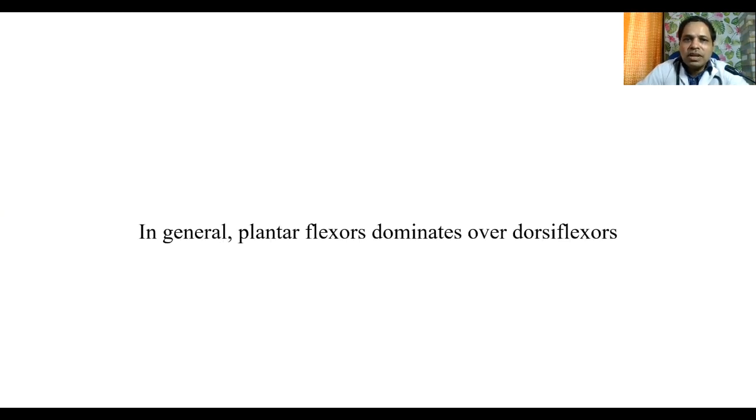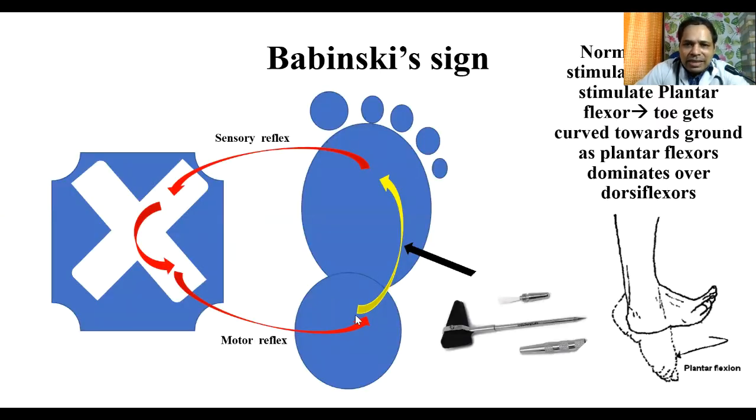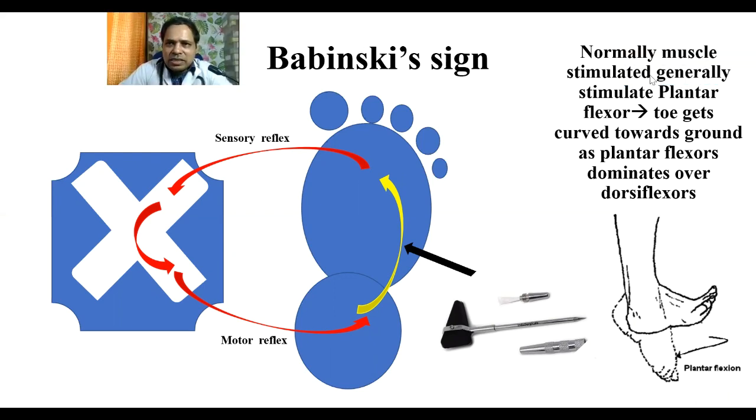Now the sensory reflex goes to the spinal cord and you get the motor reflex, so you are facing the floor. That is plantar flexion. We use the knee hammer, the sharp side, to do this. This is what you usually do in your practical examination or at the bedside. So normally the stimulus generally stimulates plantar flexors. The toe curves towards the ground as plantar flexors dominate over the dorsiflexors.